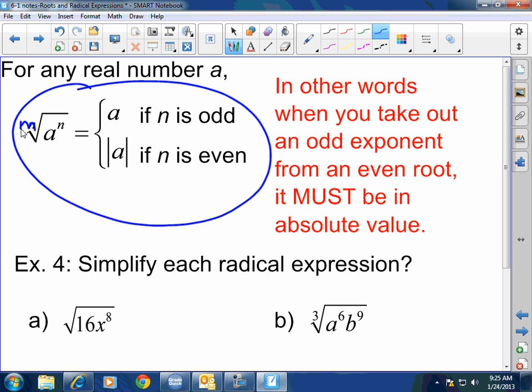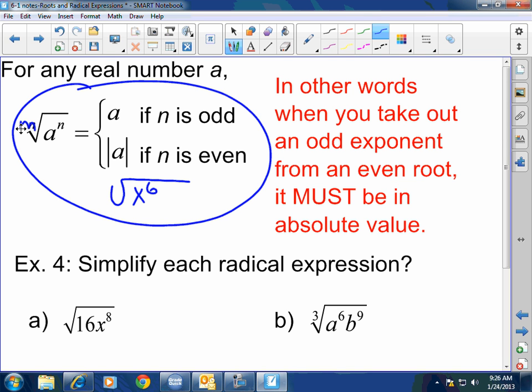What on earth am I talking about? Let's say I tell you the square root of x to the 6th. Okay. Square root means that there's an invisible index of a 2, right? So I'm looking for sets of 2, correct?